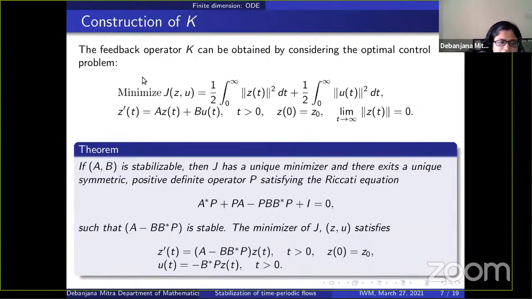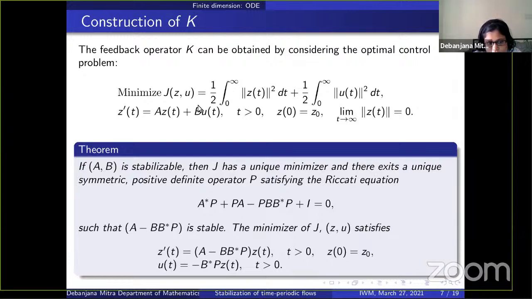This is basically the minimization problem we have to study: minimization of the functional J, which is defined in this particular way. z is the trajectory of the dynamical system, which you know is asymptotically stable, and u is basically the control. We call it an admissible control, meaning whatever control sends the trajectory z to 0 as t goes to infinity.